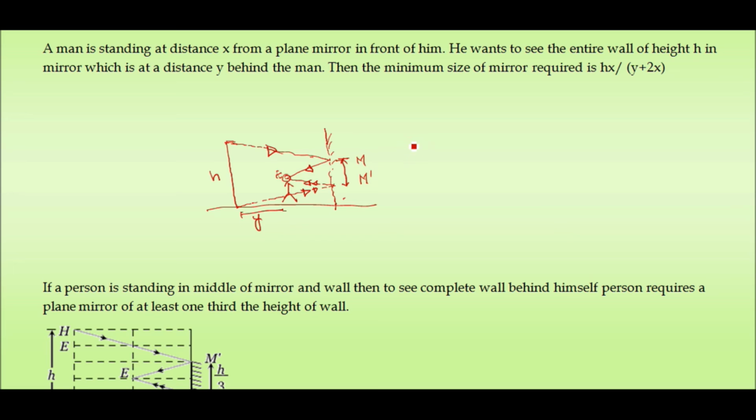So the formula for the minimum size of mirror MM dash is equal to h into x divided by y plus 2x, where x is the distance of the man from the mirror and y is the distance of the wall from the man.